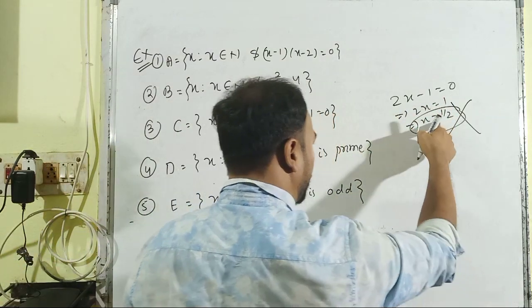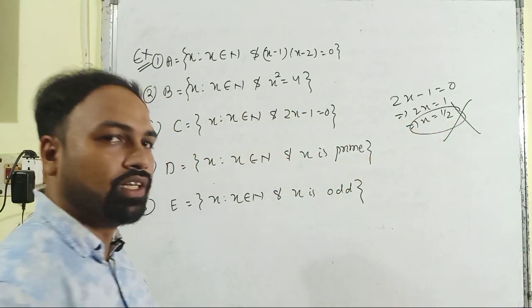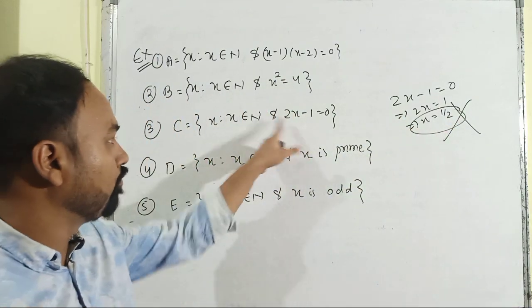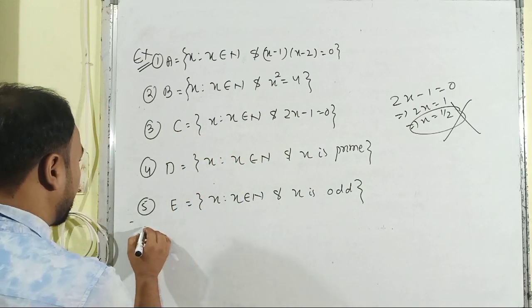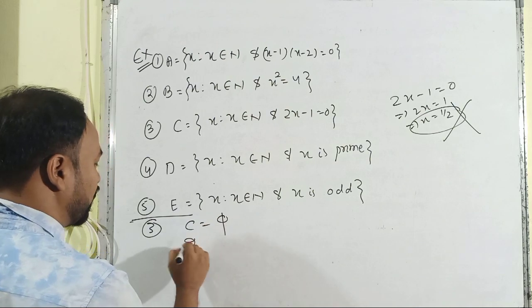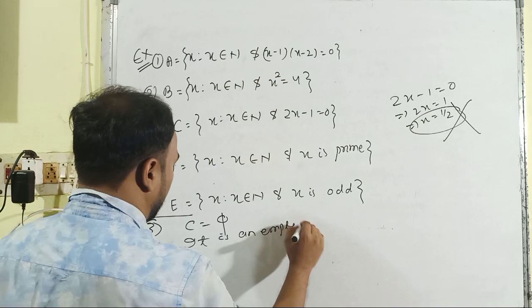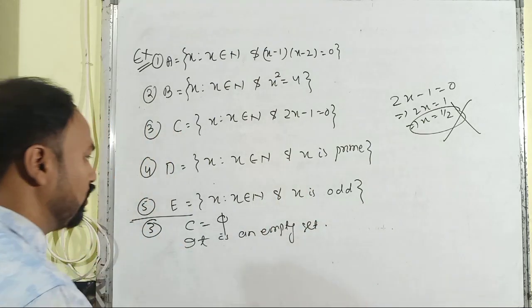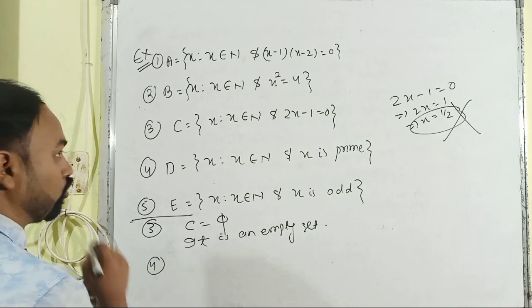So we cannot take or consider this element in our set, because it is not satisfying both of the conditions given in the set. So the set C is phi, that means it is an empty set. It is of the empty set type. Then moving to the fourth question.